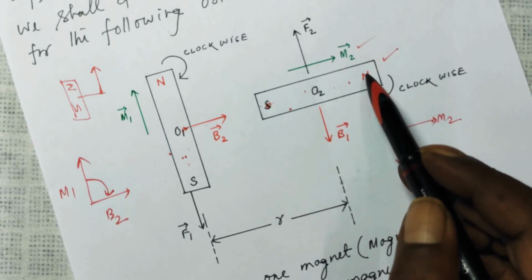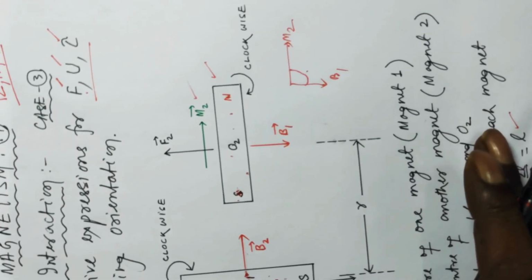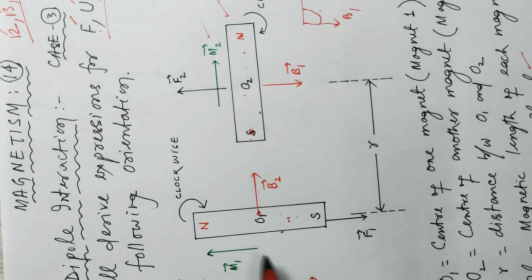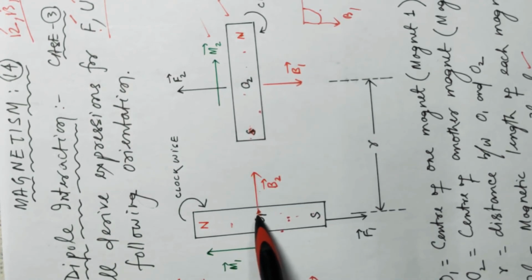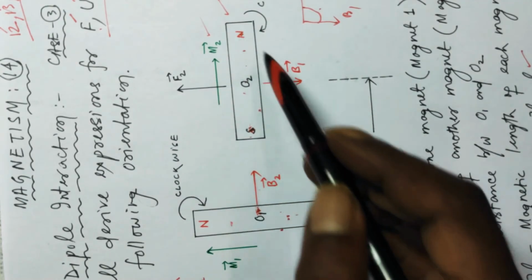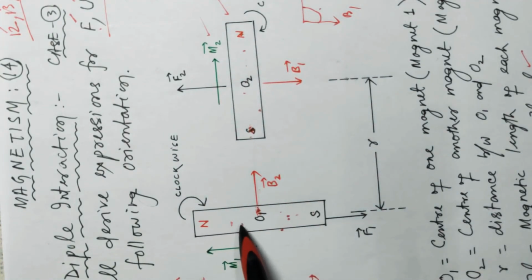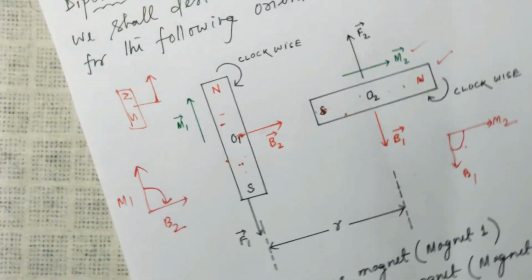This point is also on the equatorial line of this magnet, but at what distance? R plus L. So this North Pole is on the equatorial line of this bar magnet at a distance R plus L.